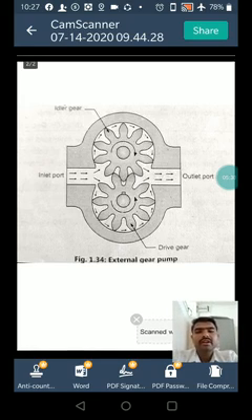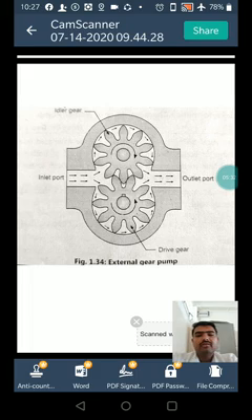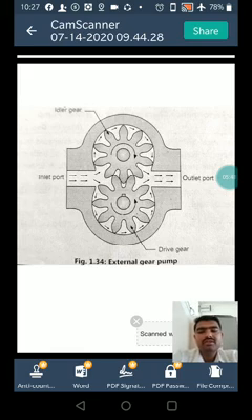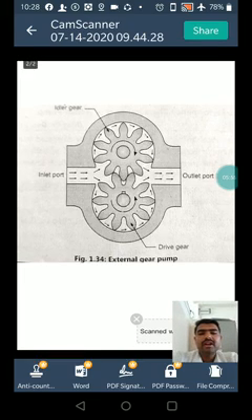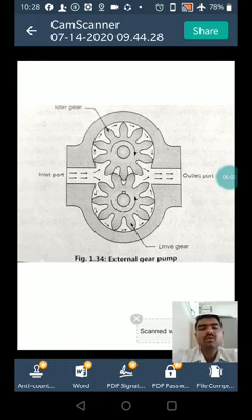Here the fluid comes from the left side port, that is the inlet port. It goes to the driven gear, which is driven by the motor. At the same time, when the driven gear moves anticlockwise, the idler gear moves in the clockwise direction.